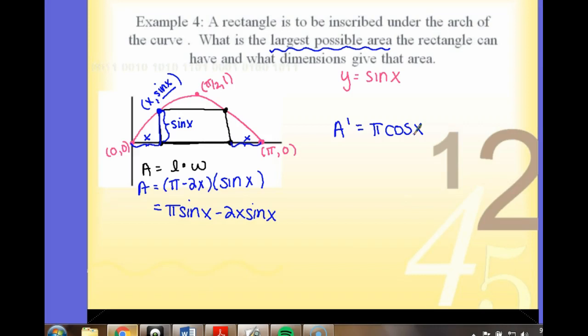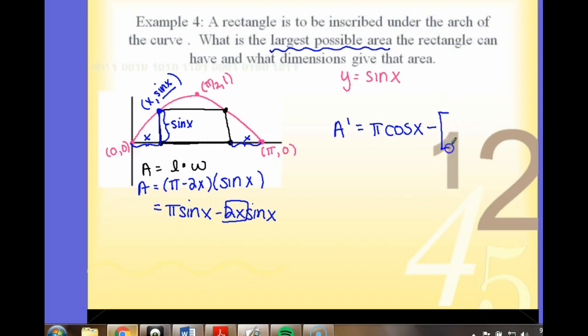So the derivative of pi sine x is pi cosine x. There's not a second part to the product rule because the derivative of pi would be 0, because pi is a constant. So you have pi cosine x minus, now here's the tricky part, 2x sine x is a product rule.